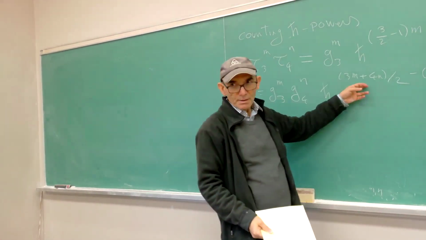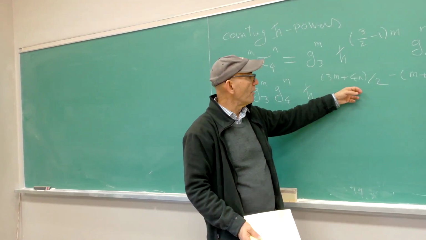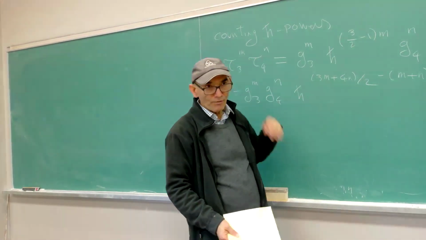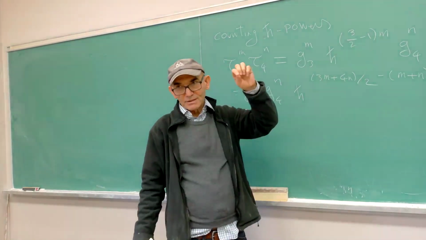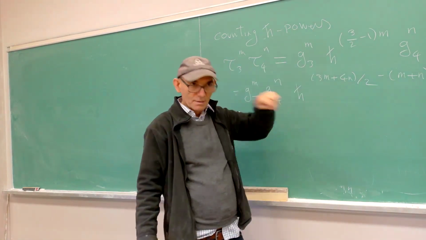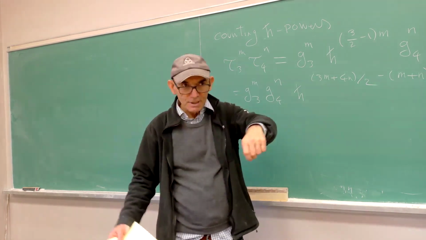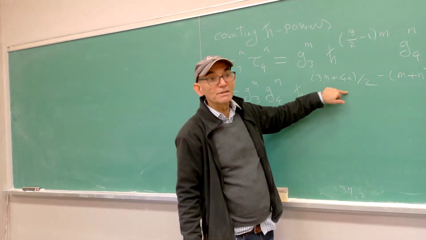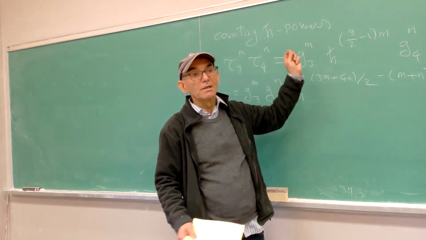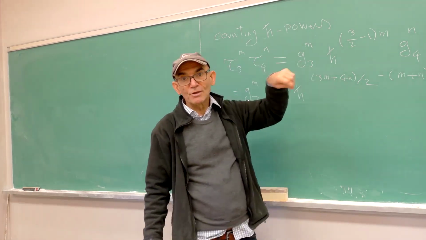And this is a familiar term. 3m plus 4n over 2 is exactly the number of edges, because for each vertex you have either 3 edges or 4 edges coming to that vertex, but you're counting each edge twice if you count based on vertices.